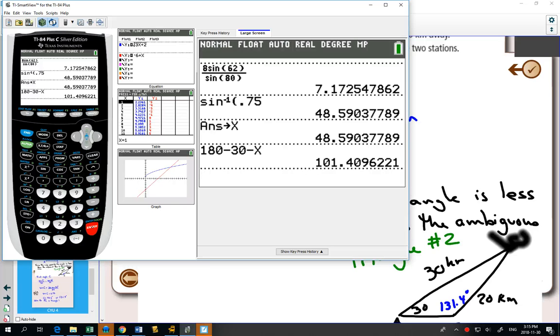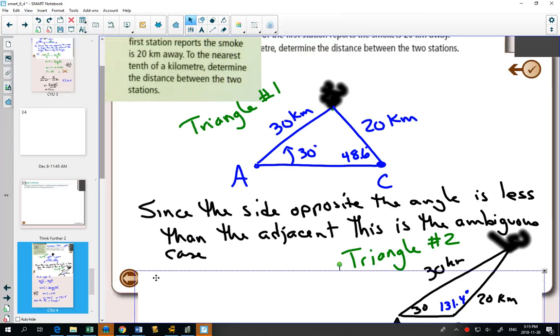Isn't that nice? I stored my answer as X. When you get your answer, above your on button is the store button. So I know that that angle is 101.4.